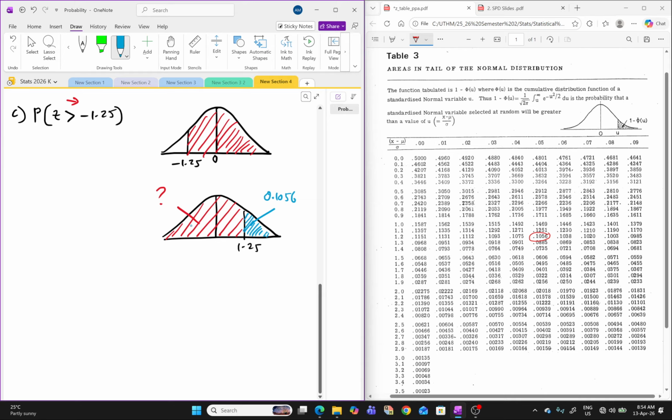Total area below the graph is 1. So red color should be 1 minus, there you go. You will get 0.8944.